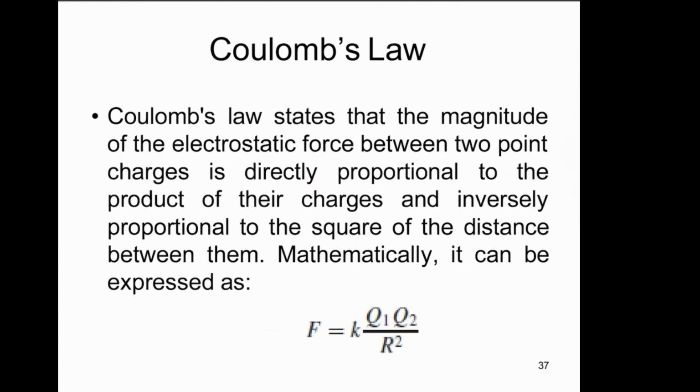Coulomb's law states that the magnitude of the electrostatic force between 2 point charges is directly proportional to the product of their charges and inversely proportional to the square of the distance between them. Mathematically, F, the force, equals K Q1 Q2 over R squared.